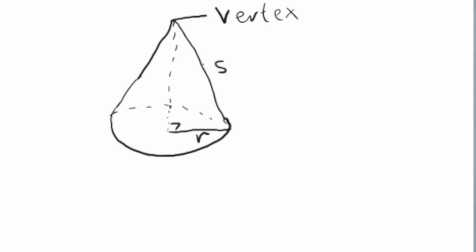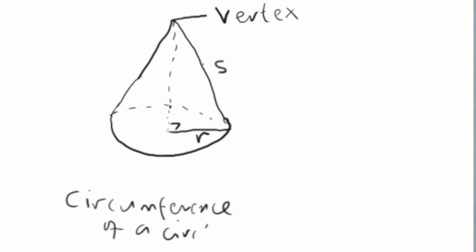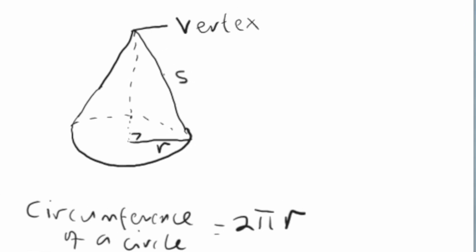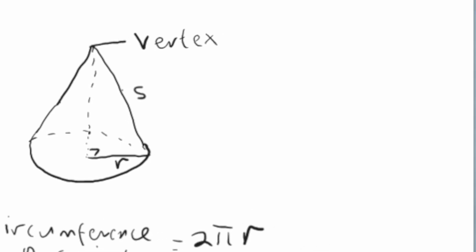We know that the circumference of a circle, the distance around the circle, is 2 pi r. So let's try to draw the net of this cone.